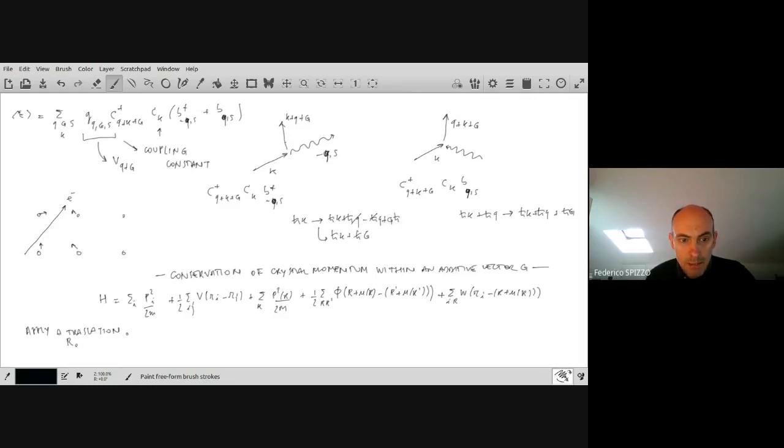So in this case, we have the Hamiltonian H prime. We have always the kinetic term of the electrons. Then here, nothing changes because both coordinates are shifted by the same amount. So 1/2.